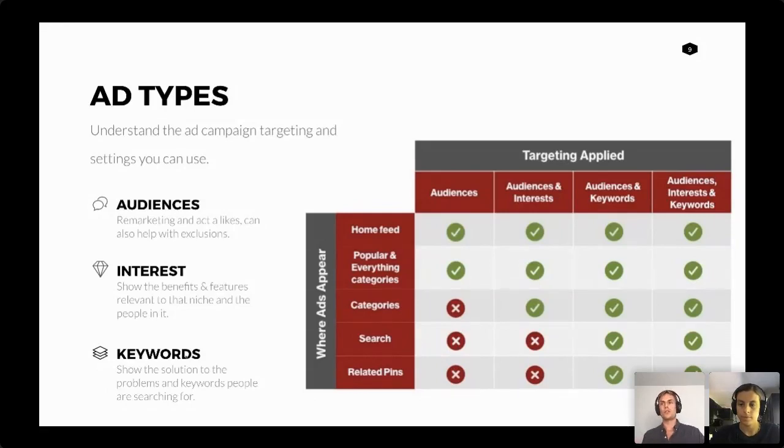So if you were to do black dresses, you might want to say black dresses small, black dresses large, and you want to create all of those search terms under one campaign and then bucket them. It does get a little more complex as you get down to the keyword level, but if you've ever run Google ads, it's closer to Google than it is Facebook. The interest and audiences are closer to Facebook.